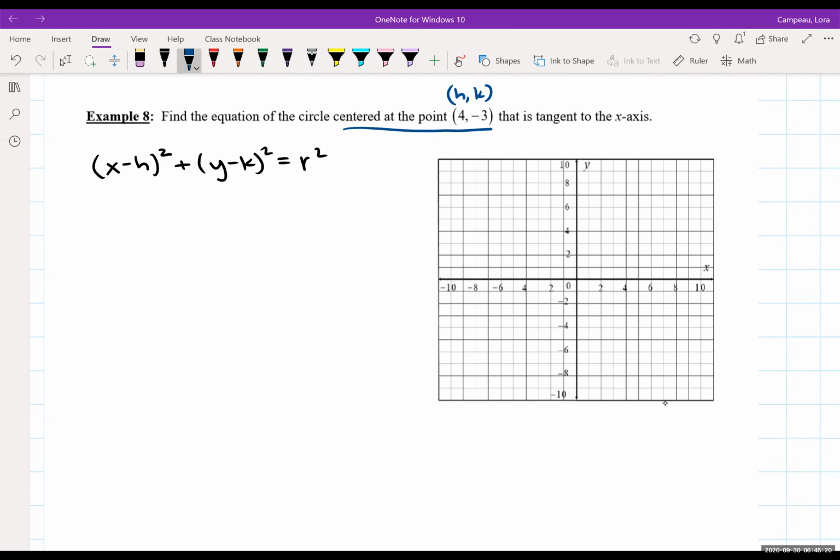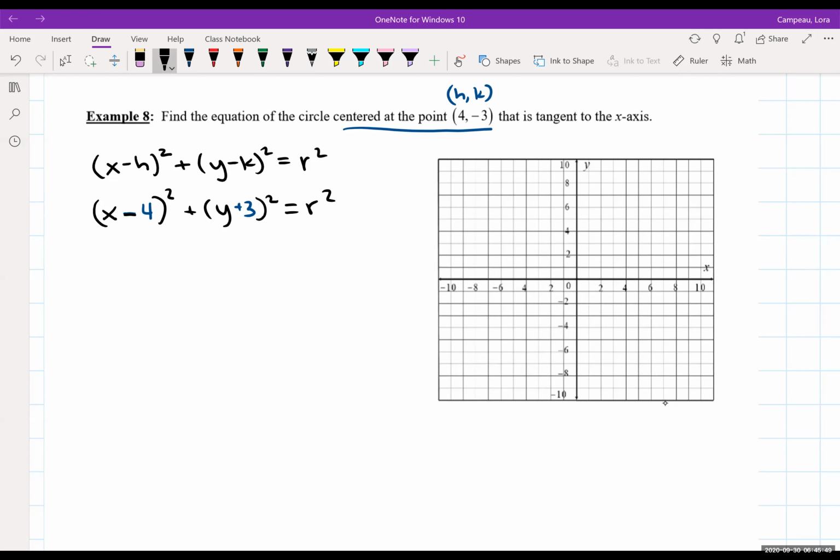So if we're translating this to the equation, we should have (x - 4)^2. Remember how it's the opposite of what you see in the actual center versus the equation. Plus, this will be (y + 3)^2. Still equals r^2.